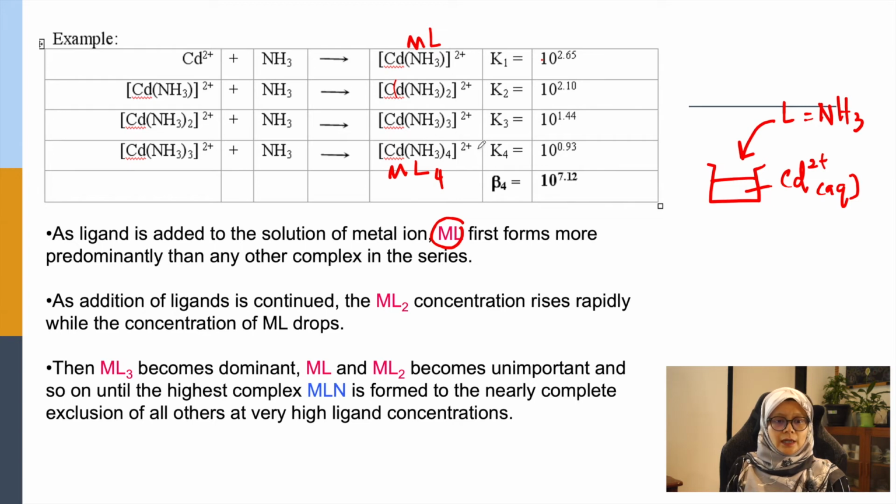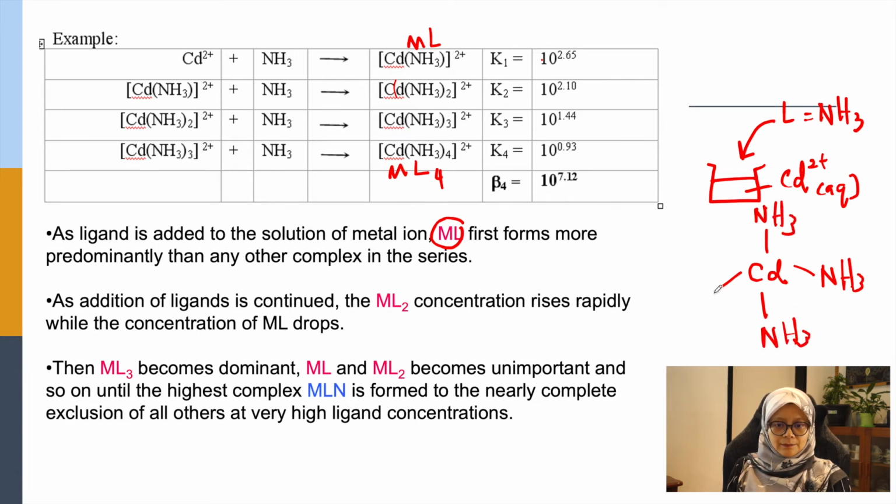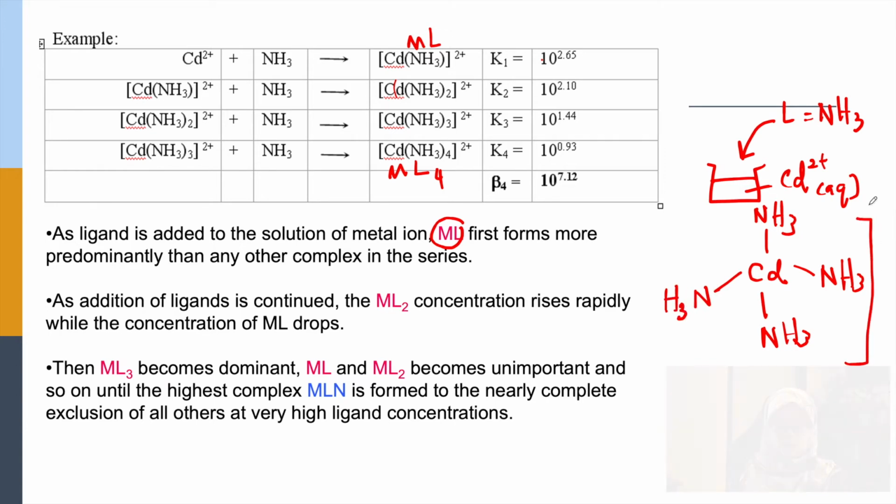At the end, we get this cadmium complex, I think the geometry here is tetrahedral, with four NH3 and a charge of 2+.